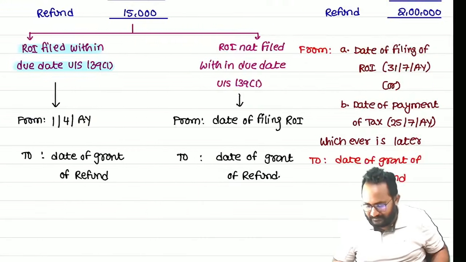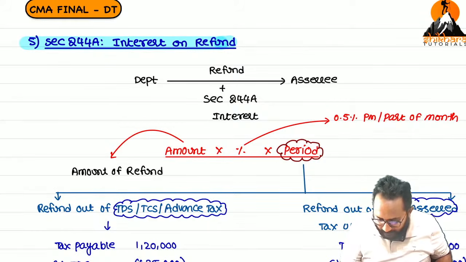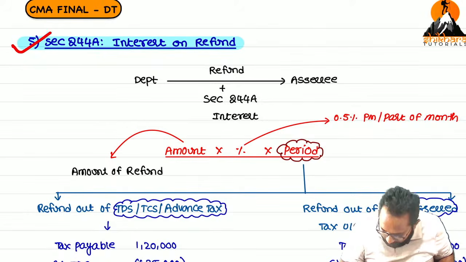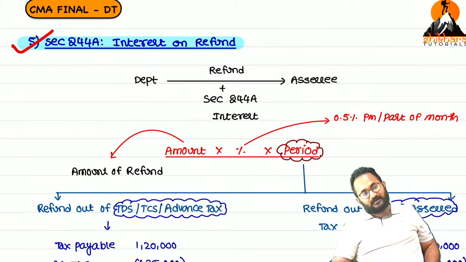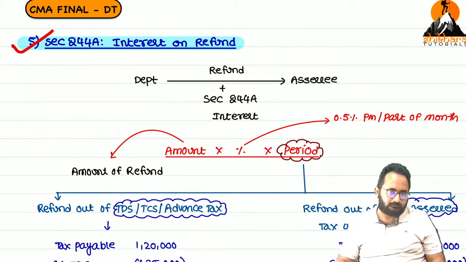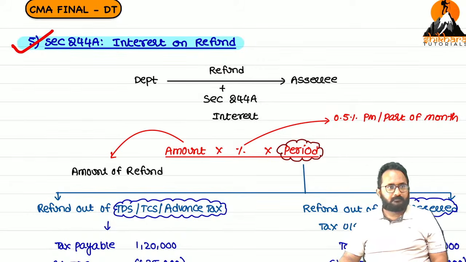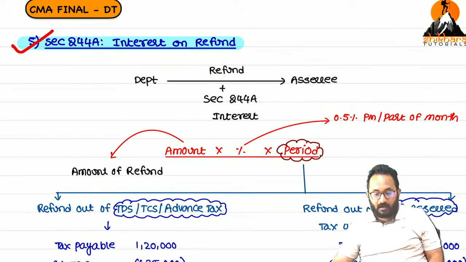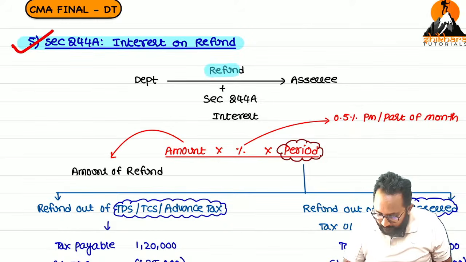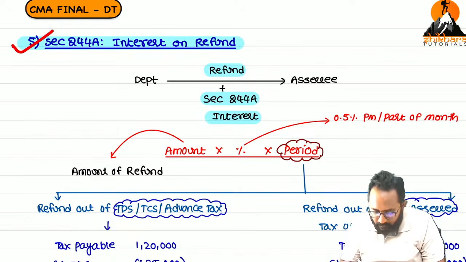Now we'll discuss a very important provision in my view for exam purposes: 244A. One question was also given in the 2019 MTP, and we can discuss that question also. Here SSC can get the refund, right? Salaried SSCs can get the refund. On that refund, the department will give the interest.